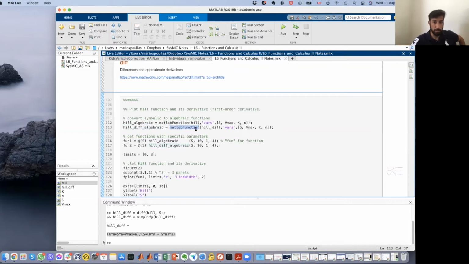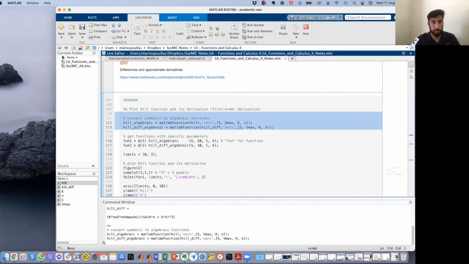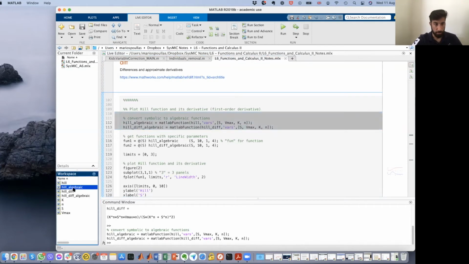Using again the MATLAB function, the Hill differentiated variable, and again, the variables are the same. So I'm running this part of the code so we can create the algebraic functions. You can see them in the workspace here, Hill algebraic and Hill differentiated algebraic.